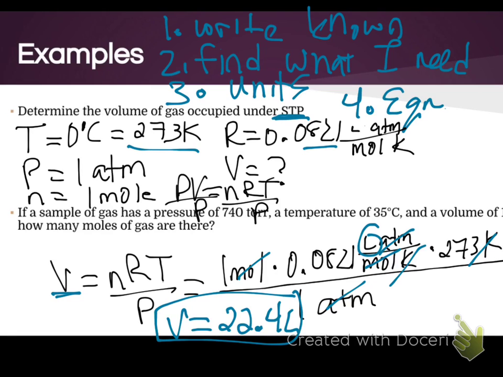We said that the conversion factor for a gas at STP was 22.4 liters per mole. So good, we've just proven that. Okay, so if you still need to write some things down on your notes, be sure to pause it at this point and do that, because I am going to erase it.